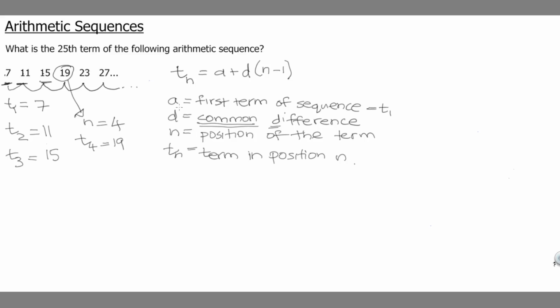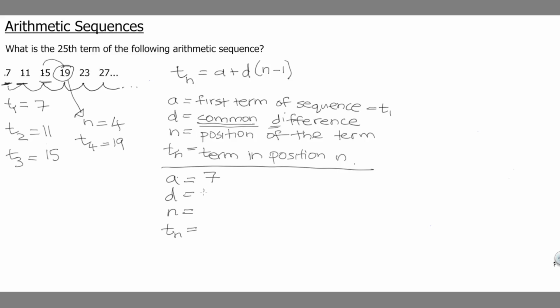So in our example, let's take a look at the 4 letters that make up this equation. And hopefully we'll know 3 of them, and the 3 that we know we can plug into the equation and solve to get the thing we don't know. The first number in this sequence is 7. The D, or the common difference, the number you get when you subtract any term in the sequence minus its previous term.